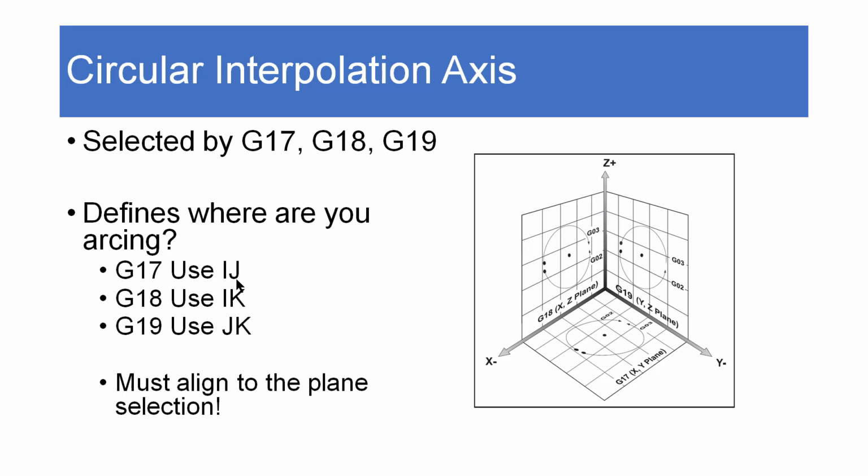On a lathe, we typically set it up for XZ plane, G18, and we use IK. So your use of IJ, IK, JK has to align with the plane selection.